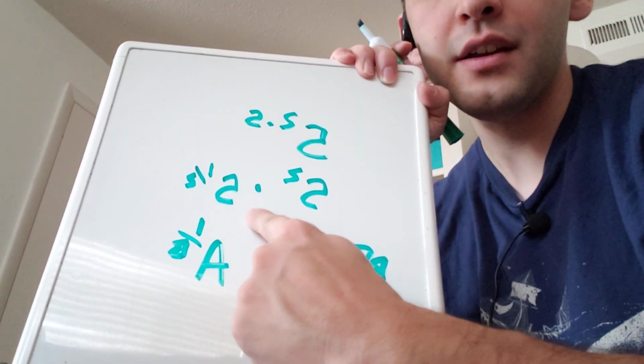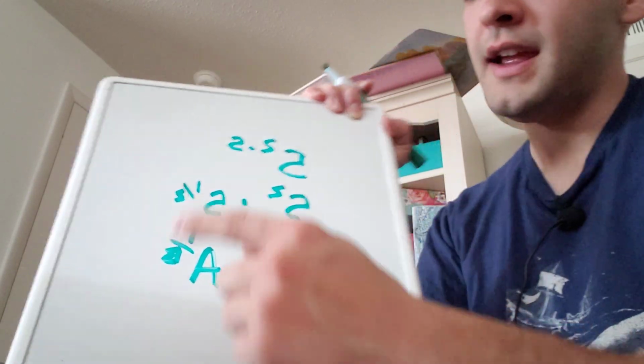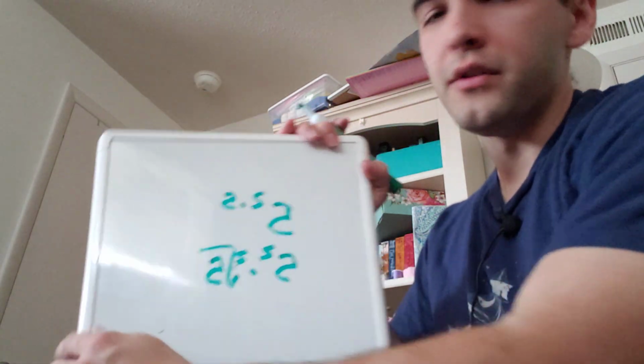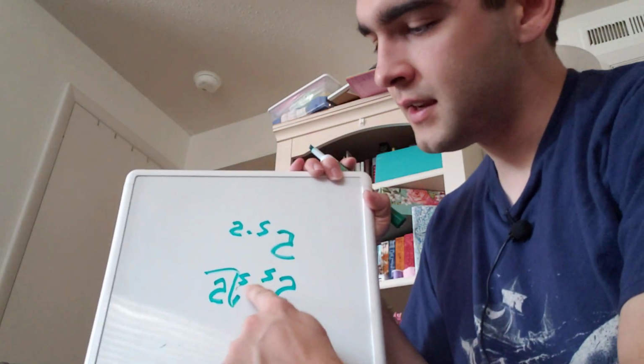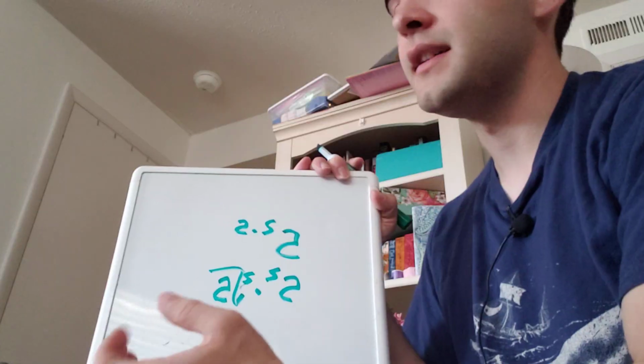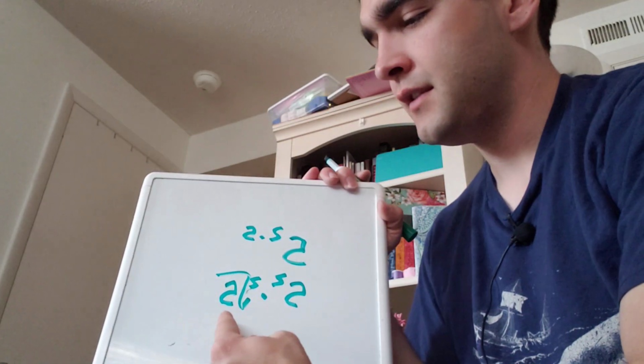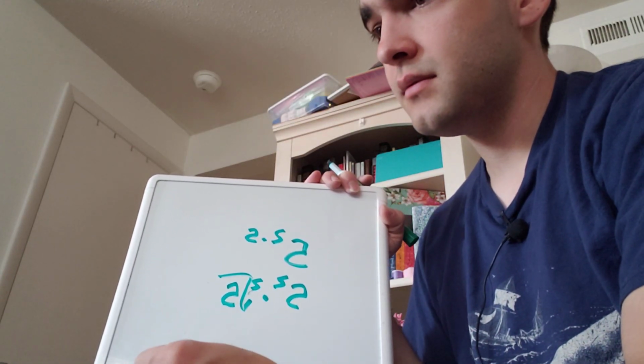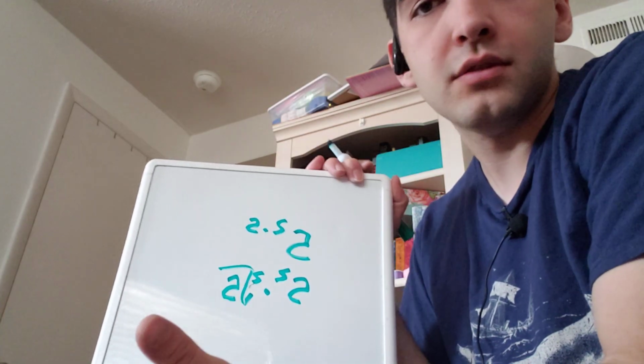So this here, 5 to the 1/2, is actually the square root of 5. And we've talked about this. The square root of 5 is asking what number multiplied by itself 2 times gives you 5. And the answer is it's just some infinite decimal.